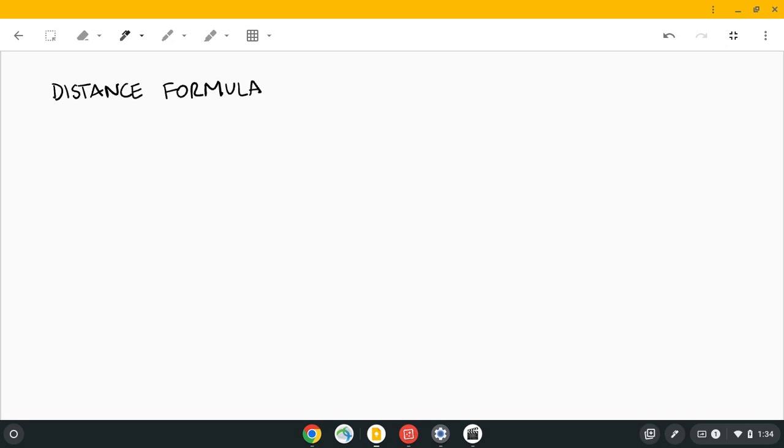Okay, so the distance formula really comes from the Pythagorean theorem. So given 2 points, I'll call this first point point 1, so we'll call these x1 and y1.